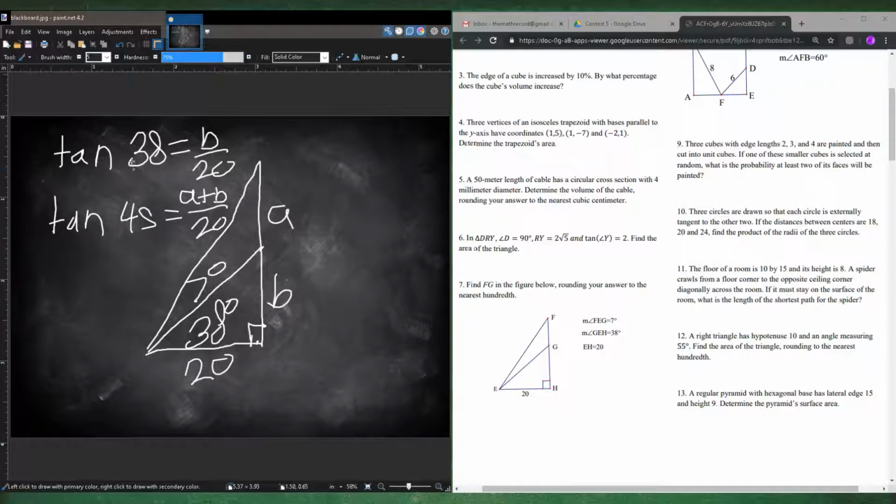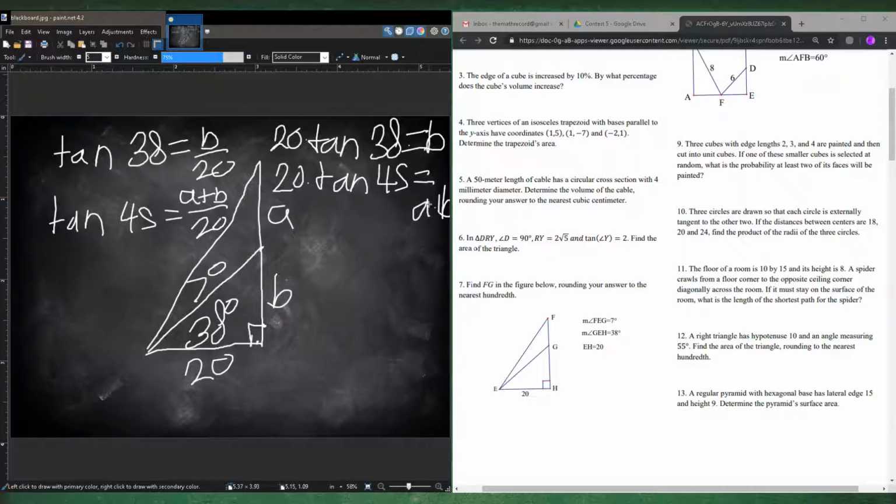So multiplying that away, we have 20 times tangent of 38 is equal to B, and 20 times tangent of 45 is equal to A plus B. So if you want A, just multiply the first one by negative. So that gets negative 20 tangent 38 is equal to negative B. And then when you add it to the second one, the negative B cancels out with the positive B, and you just get A, which is what you want to look for, because that's FG.